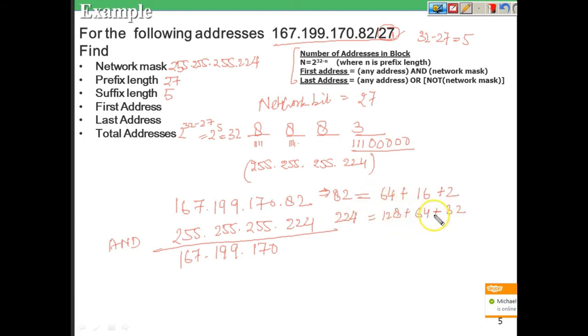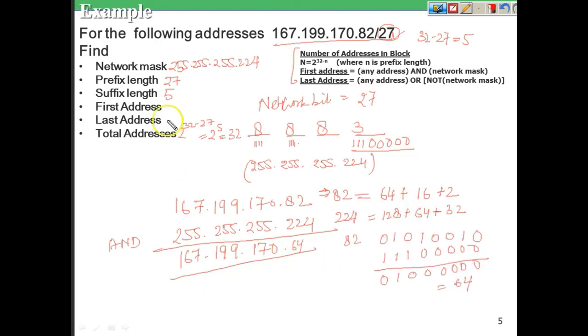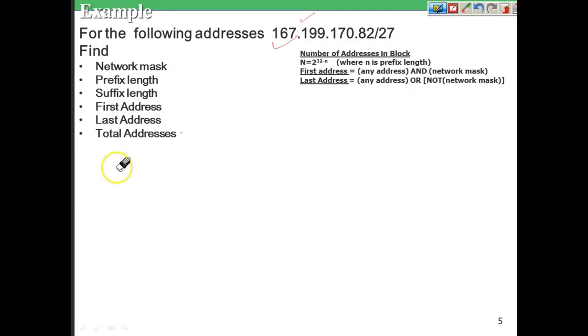And if we want to find the AND operation, you can easily see that this is actually 64. So this is 64, and this is the first address. We can write here 167.199.170.64. Now we will see how to find the last address. The last address we can find using this formula.